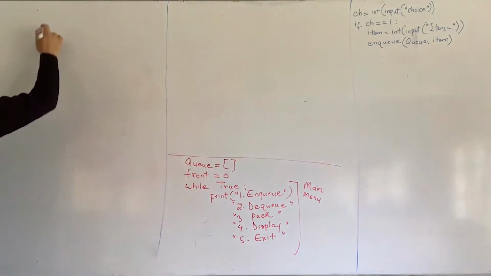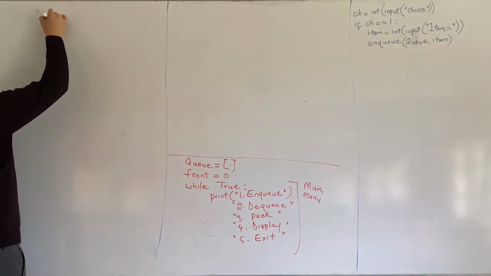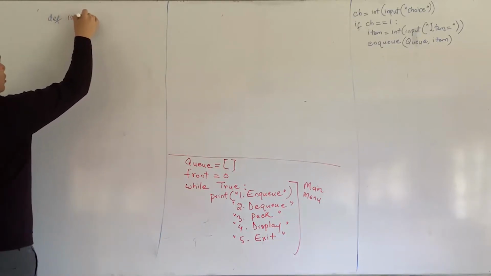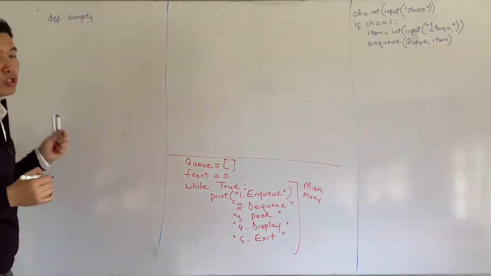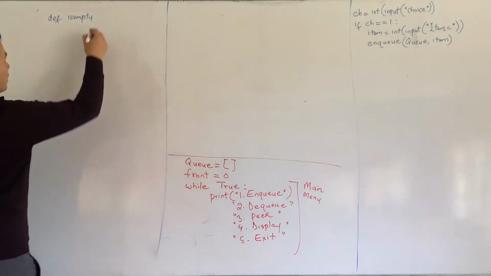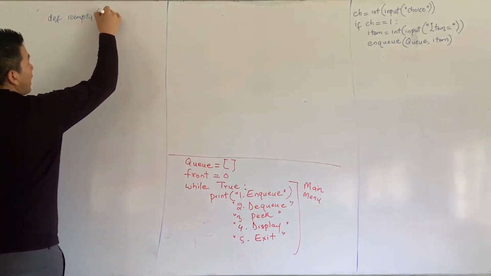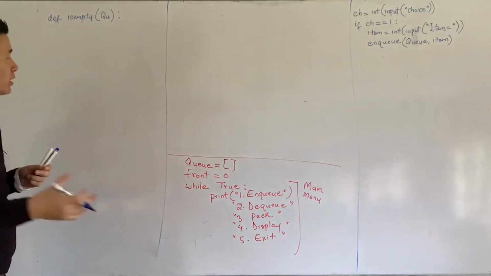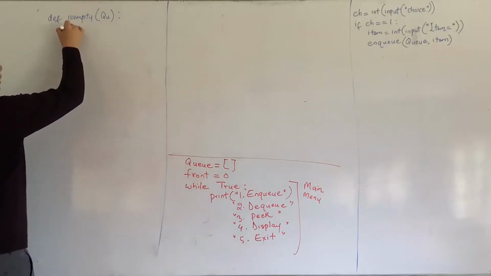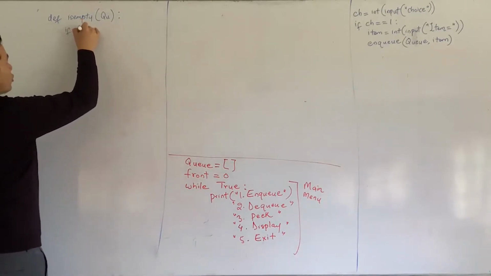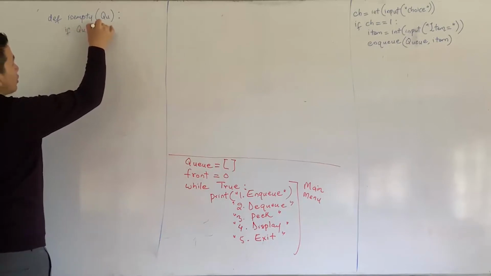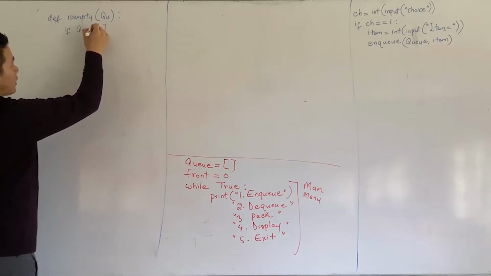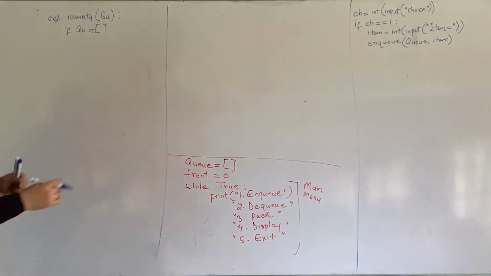Now we'll come up with the function definition. I hope you're able to see def, and then the function called is empty, just to check whether the list is empty or not. And then I'll receive it as QU, and this is nothing but a function to check whether the queue is empty or not. And then if QU is equal to, okay, this is another way to check whether the queue is empty or not.